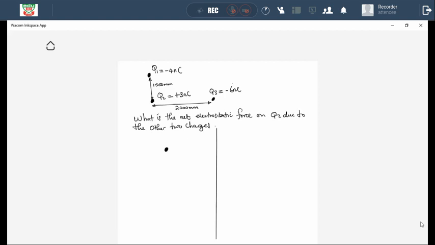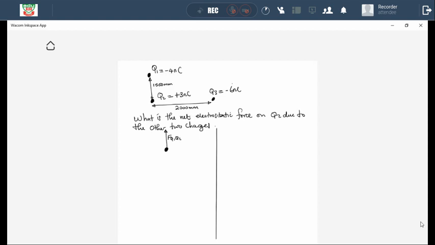So Q1 is going to be pulled down and Q2 is going to be pulled up. We are worried about the movement of Q2, our reference charge. So Q2 is going to be pulled up, and we indicate that on our free body diagram, or force diagram, like that. So that is going to be our F Q1 Q2.